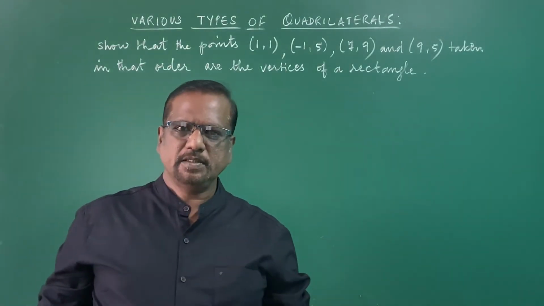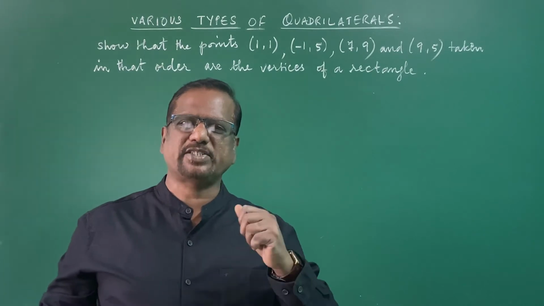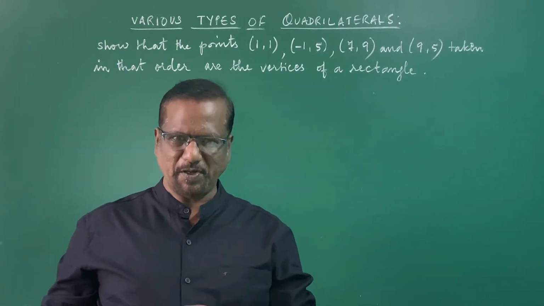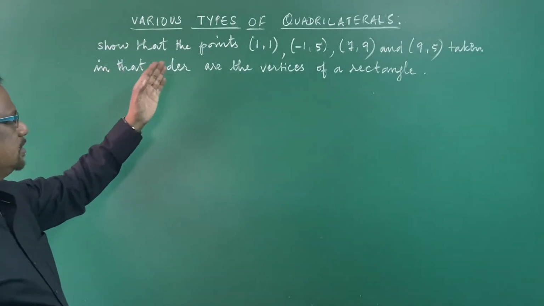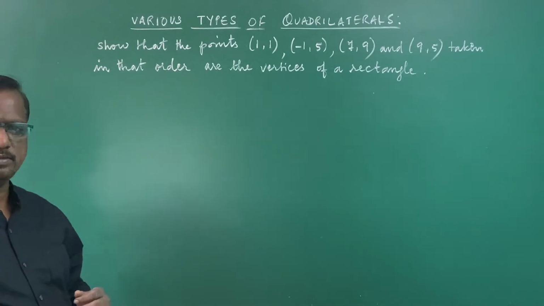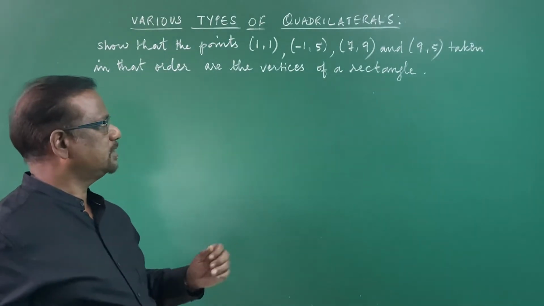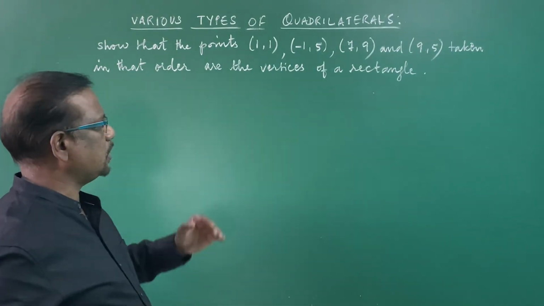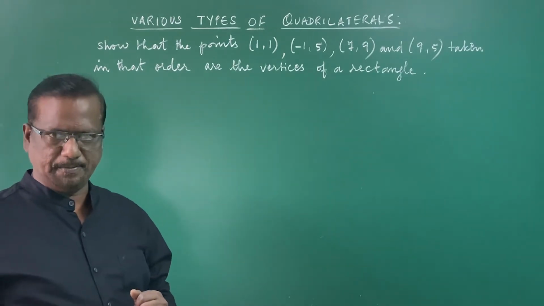Now let us learn to prove the properties of various types of quadrilaterals using the distance formula. Show that the points (1, 1), (minus 1, 5), (7, 9) and (9, 5) taken in that order are the vertices of a rectangle.